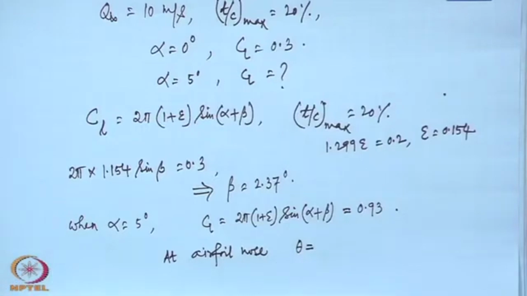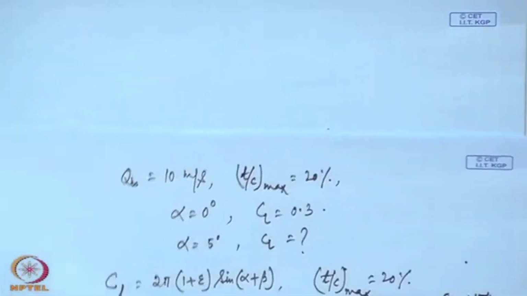Pi. Okay. Now, you have to find out dz d zeta at theta equal to pi.